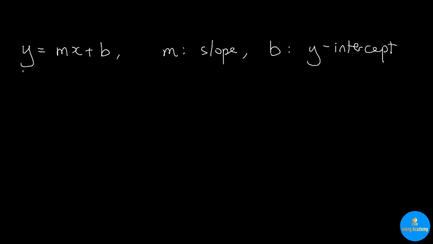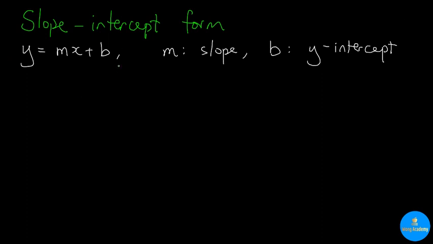So we now see how y equals mx plus b controls the slope and the y-intercept, and we usually call this equation the slope-intercept form of the straight line. This form is quite useful and we like it a lot.